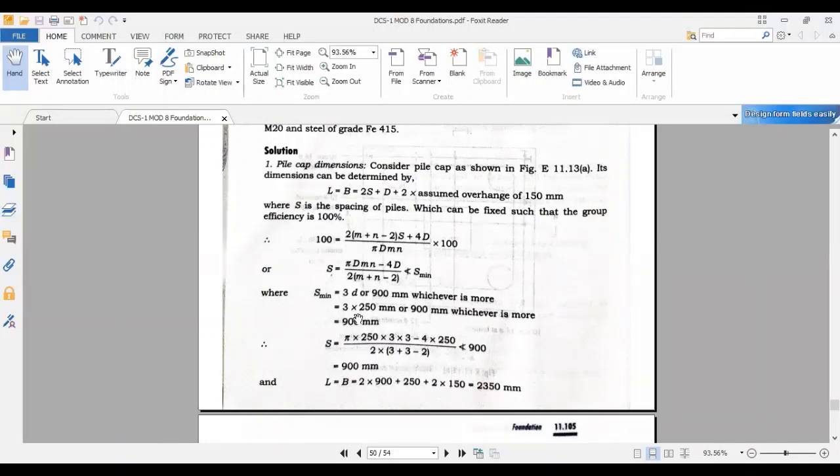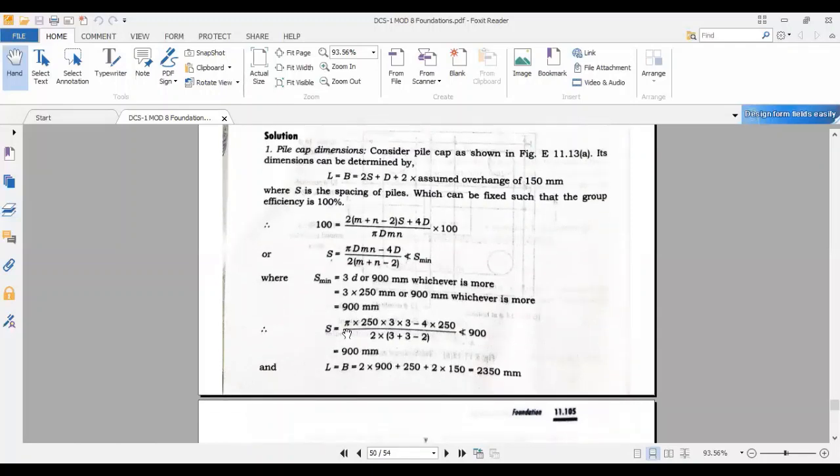So 3d becomes 3 into 250 or 750, so 900 is more, so we'll get it as 900 mm. So this value should not be less than 900 mm.